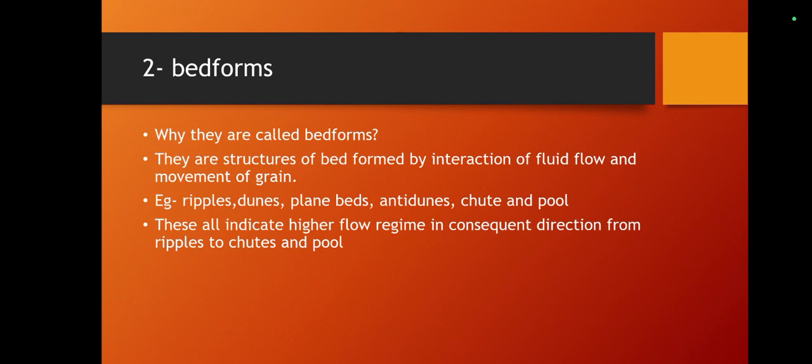By this I mean that ripples are formed under a low flow regime, and as the flow strength increases, it will form dunes, then plane beds, then antidunes, and then chutes and pools.